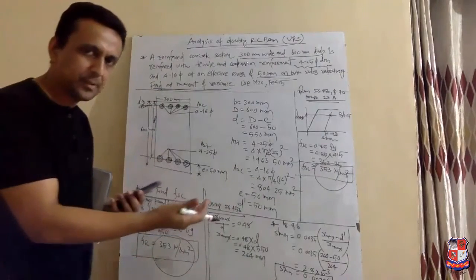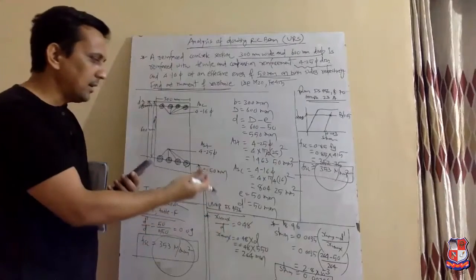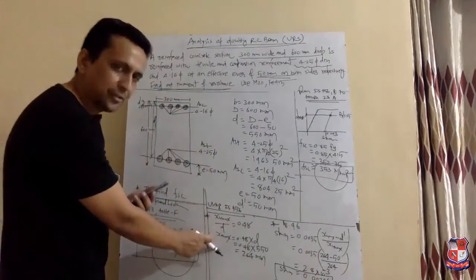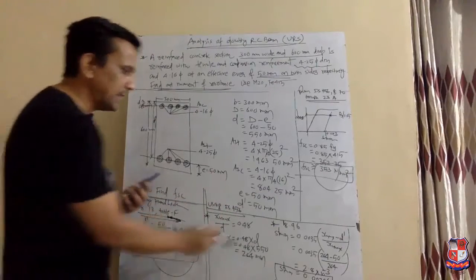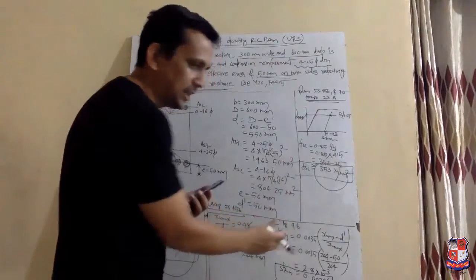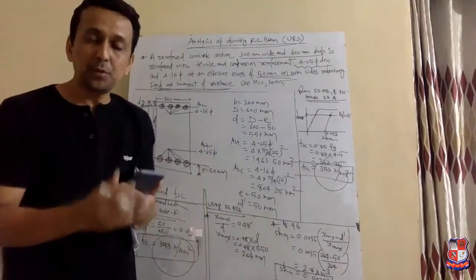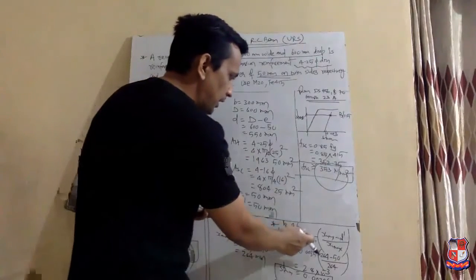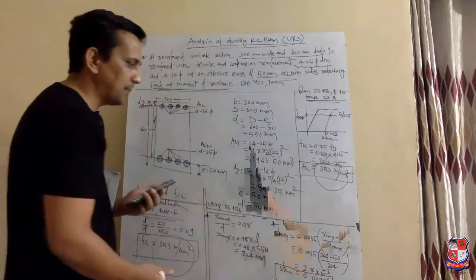Again, I repeat, for finding FSC using IS 456, first you need to find the XUmax, which is given in IS 456 page number 70. Then you need to find the strain value. The equation of strain value is given in IS 456 page number 96, and the equation is 0.0035 bracket XUmax minus d dash upon XUmax.